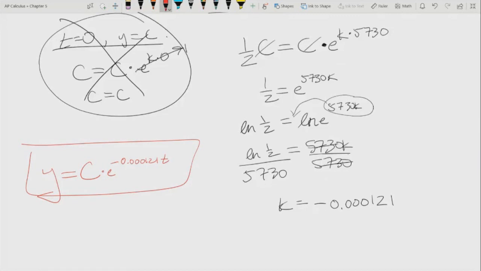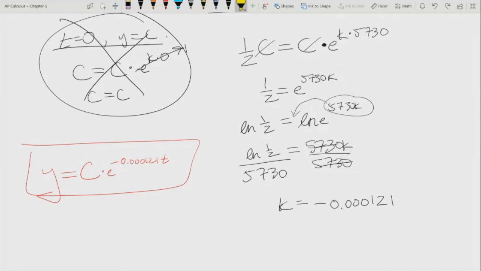And you can test this fairly easily, because if you use a time of 5,730 and plug that in, you expect to get a 1/2 out of it, right? Because it'd be the half-life, 5,730. Plug that into t, you should have this whole part turn into 1/2 because you'd expect to have 1/2 of your sample left.